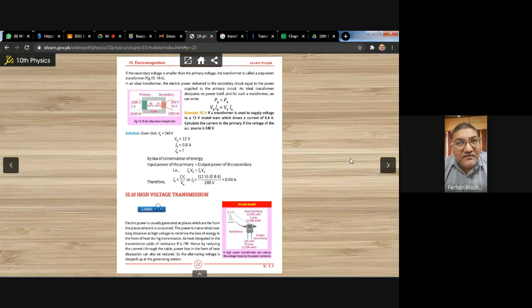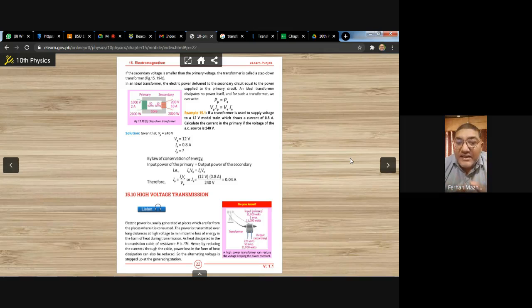In an ideal transformer, the electric power delivered to the secondary circuit equals the power supplied to the primary circuit. So remember this thing. We are not talking about the real transformer. We're talking about an ideal transformer where there is no loss of energy, no loss of power.